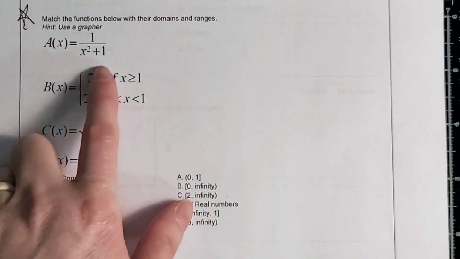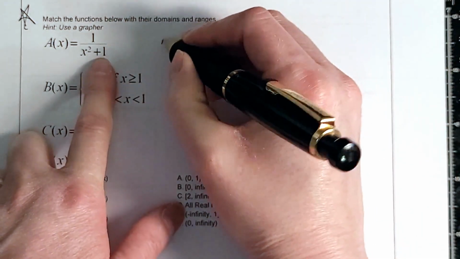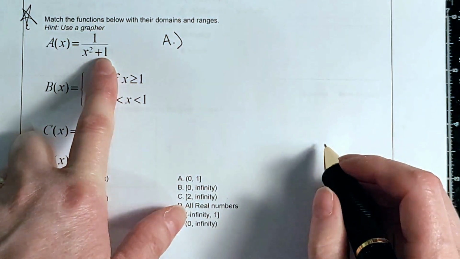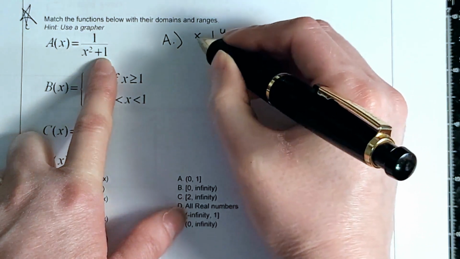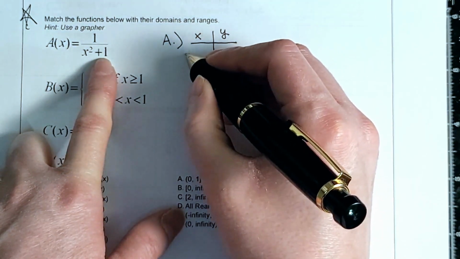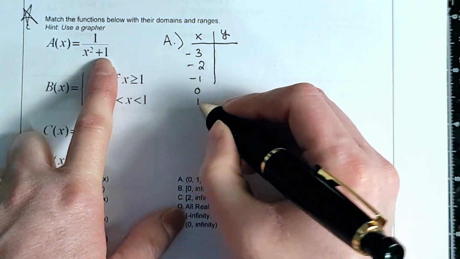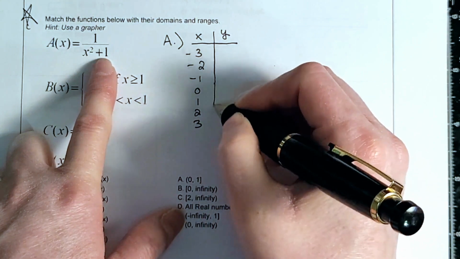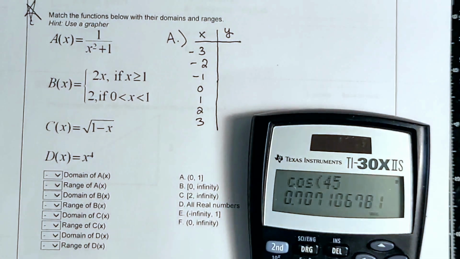Okay? So question A, I think, is the most difficult to graph. So we're going to put it over here. What I would do is an XY table. When in doubt, an XY table will not steer you wrong. Okay, so we'll start with -3, -2, -1, 0, 1, 2, and 3. Those are always my go-to picks when I'm doing stuff like this.